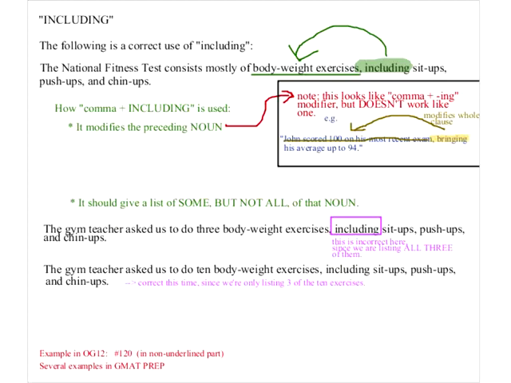No, mostly has nothing to do with that because this is just saying the test consists mostly of these. But as long as there are other body weight exercises besides these 3 in the fitness test, then it's correct. So if you say 3 things including these 3, that's not okay. If you say 10 of them including these 3, that is okay. All right, any questions? If not, we'll move on.